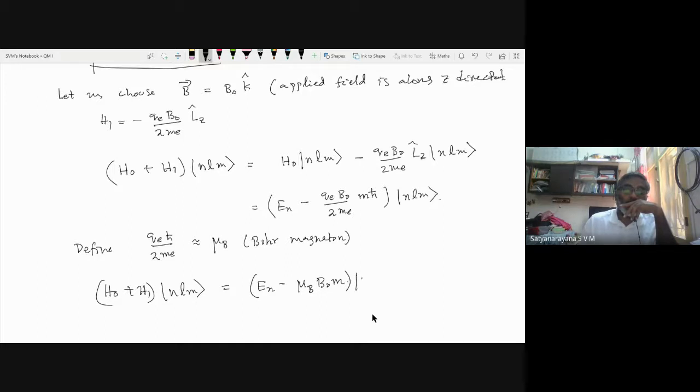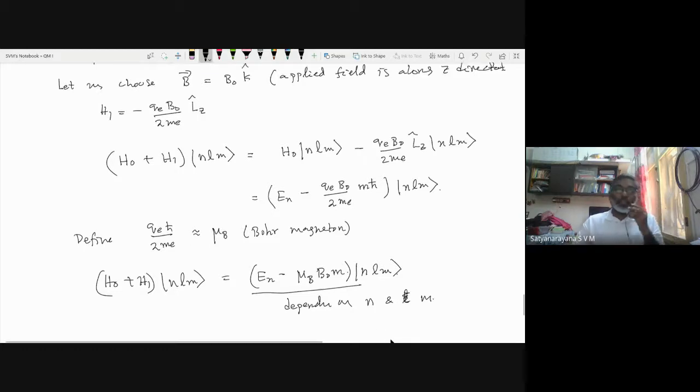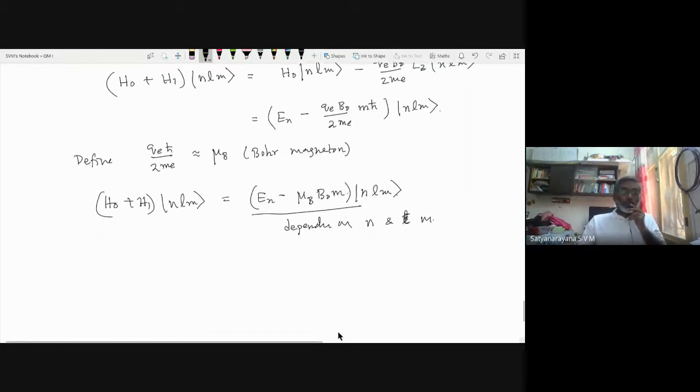So you can see that now this energy depends on N and M, sorry, N and M. Okay, so that means part of the degeneracy gets lifted.